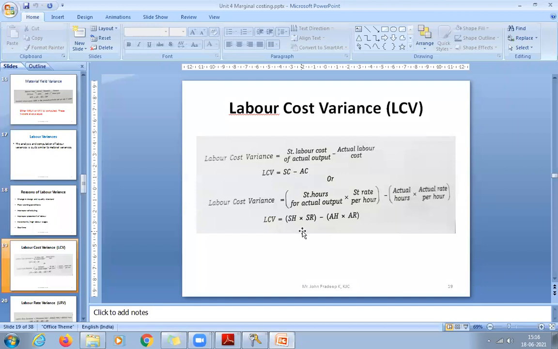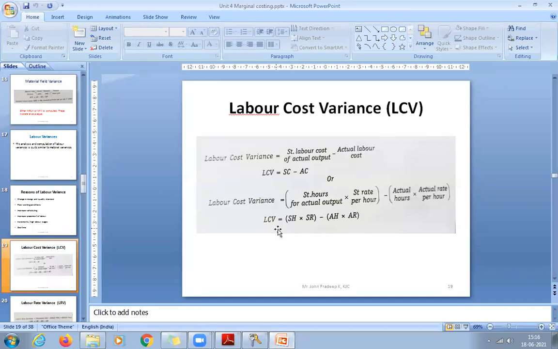In the formulas only one thing changes: SQ will become SH. That means quantity will be replaced by the hours, the number of hours the employee is working. The standard rate and actual rate will not change. Wherever you see SQ, that is quantity, you now use standard hours and actual hours, and the remaining formulas will be the same.